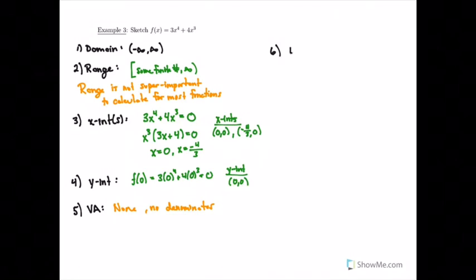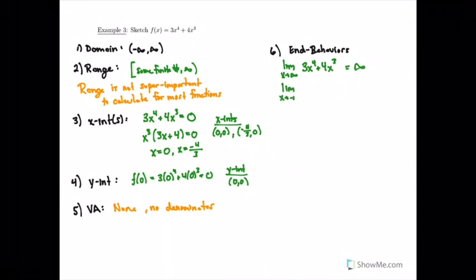Now let's think about the end behaviors, the limits at infinity, the horizontal asymptotes if there are any. We're going to look at the limit as x approaches infinity, 3x to the fourth plus 4x cubed, and as x gets big, that's just going to blow up to infinity. For the other side here, limit as x goes to negative infinity, we can just look at just the dominating term.